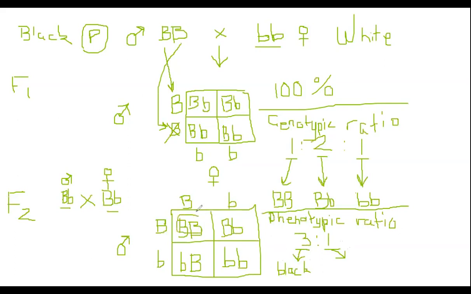Correct, good. This one's black, this one's black, and this one. And of course, this part of the ratio refers to the white offspring, and of course this one would be white. Little b, little b. All right, fantastic.